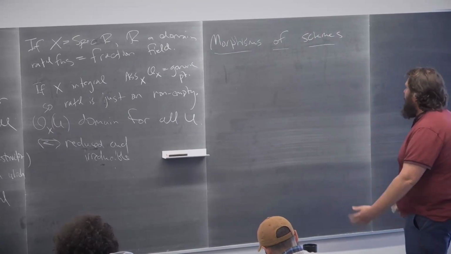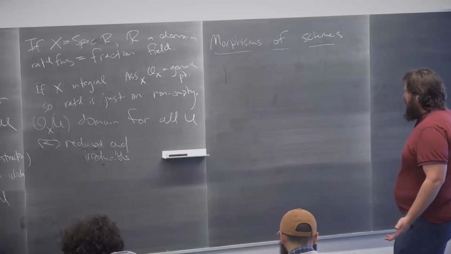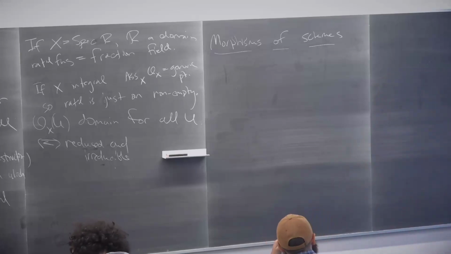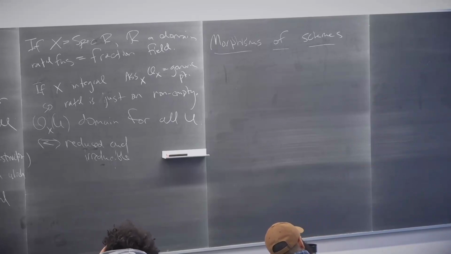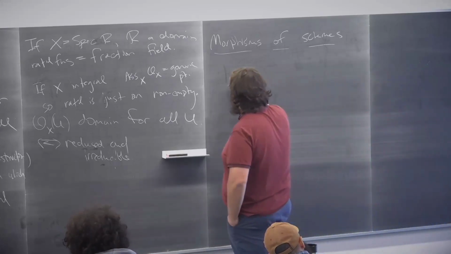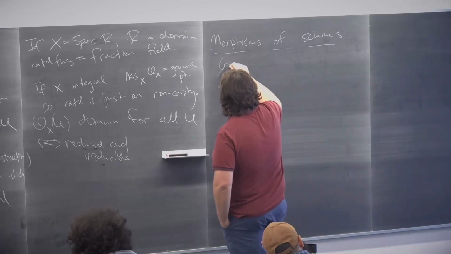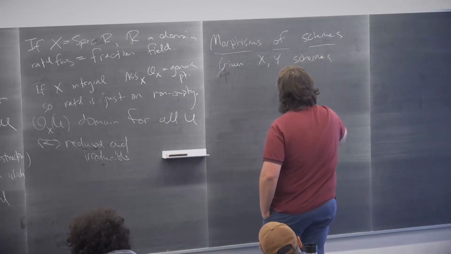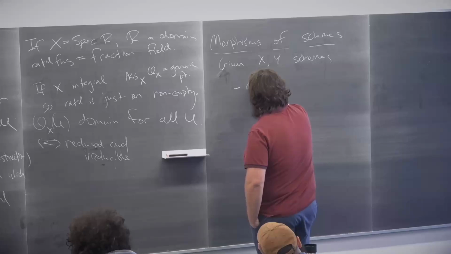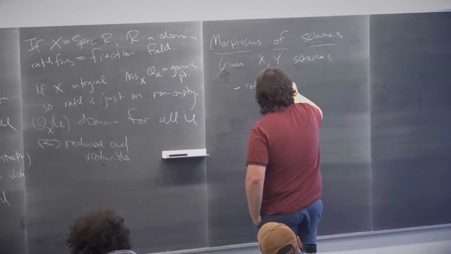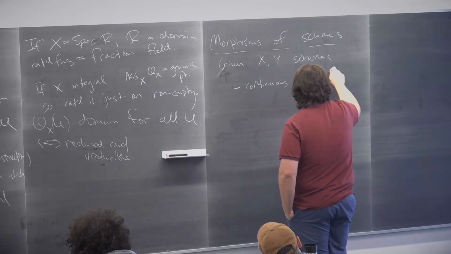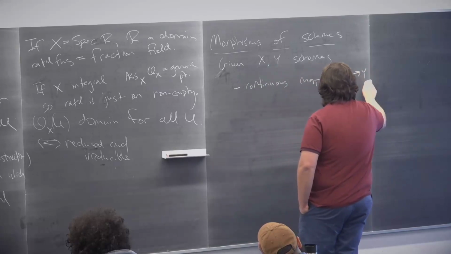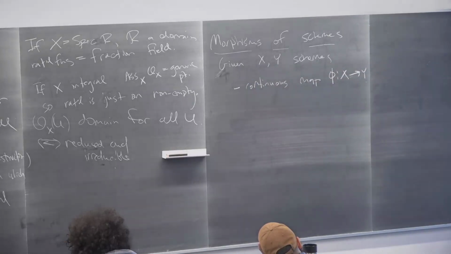So what kind of data would we need for a morphism of schemes? Well, a scheme is a topological space with this extra structure of the ring of functions. So obviously, given X, Y schemes, I'm going to need a continuous map from X thought of as a topological space to Y thought of as a topological space.